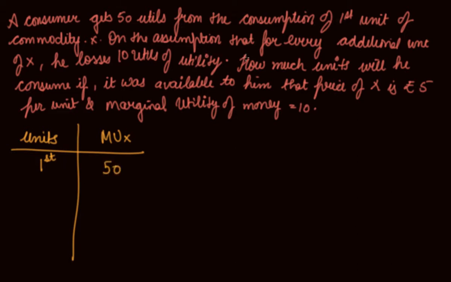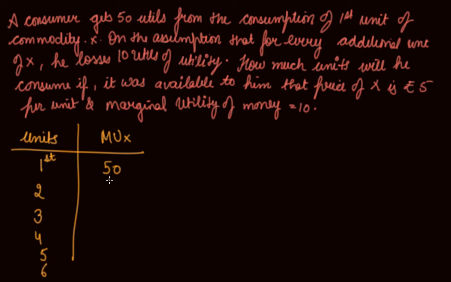On the assumption that for every additional unit of X he loses 10 utils of utility, means from second, third, fourth and so on, fifth and sixth, he loses 10 utils.